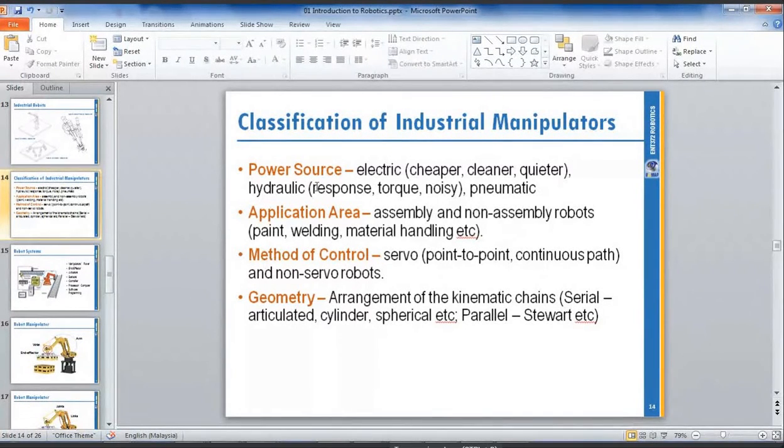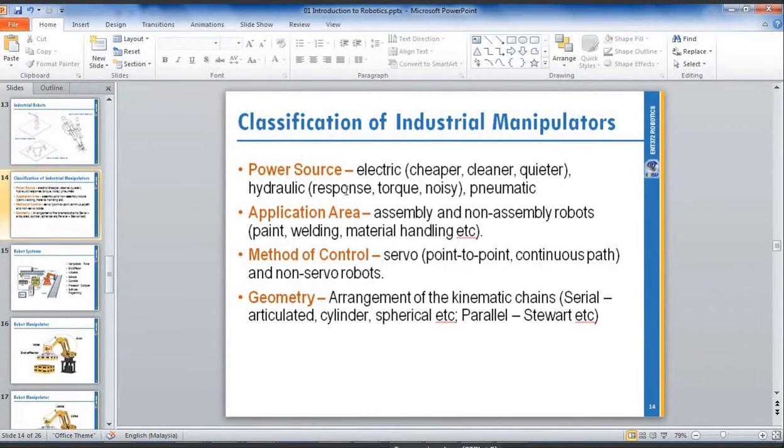So if we need very strong power, but don't care about the noise, and don't mind about the response, because hydraulic is very slow in response, then we can use hydraulic.